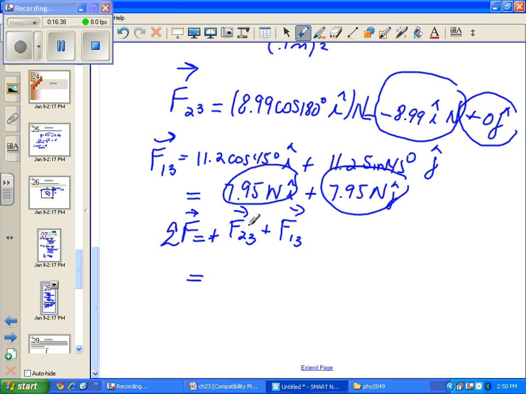And for x, therefore, we get minus 1.04 i hat. I'll leave the unit for the end because minus 8.99 plus 7.95 is minus 1.04, plus 0 plus 7.95 gives us 7.95 j hat. Now we'll go ahead and put our unit, and we have effectively solved the problem. Next problem.